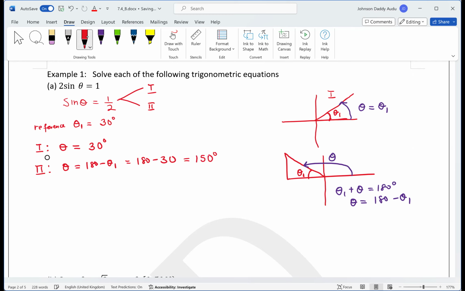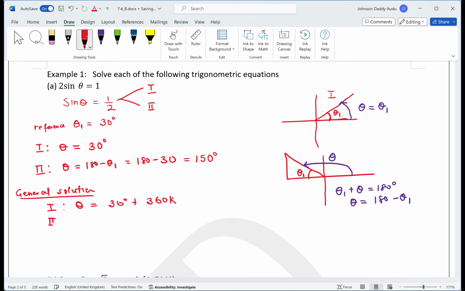Okay, degrees. But in general, since we don't have any restriction on the value of theta, this will be our general solution. So the general solution will be: in the first quadrant, you can write theta is equal to 30 degrees, and you can add 360k, which is the same thing as 2 pi k.